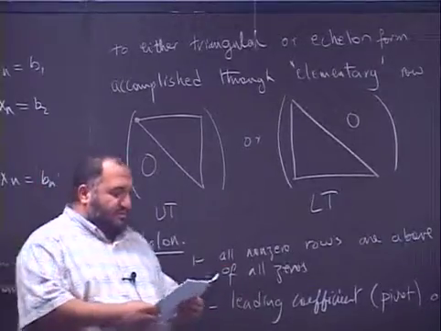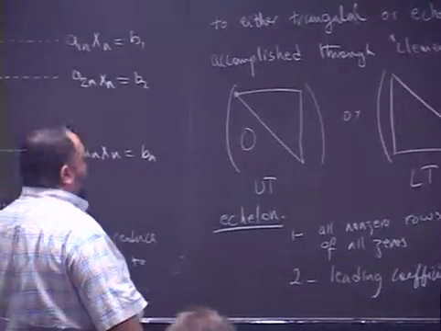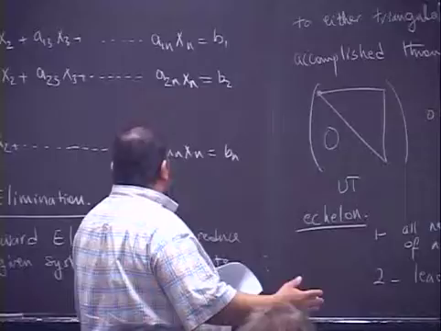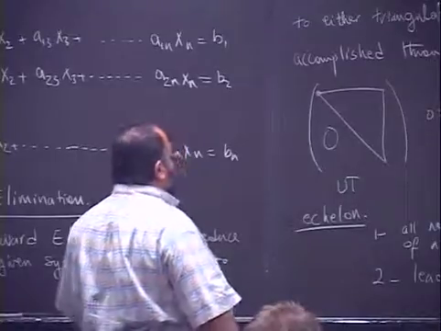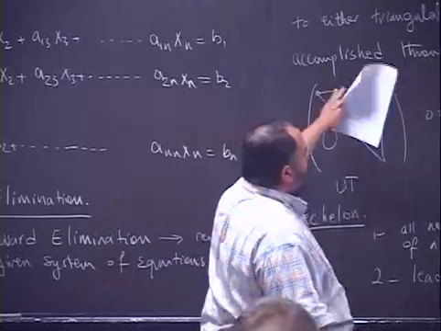I will show you the details of the process. So the first thing is the forward elimination, and we showed that the forward elimination will lead to the reduction of the augmented matrix to the echelon form or triangular form.